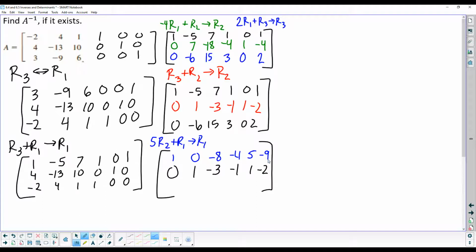And now on that same matrix, we can do an operation to change the bottom row. So in the bottom, we have a negative 6, so we're going to times by 6 now. 6 times row 2 plus row 3, that's going in row 3. So 0 in the first spot, 0 in the second spot, negative 18 plus 15, negative 3.